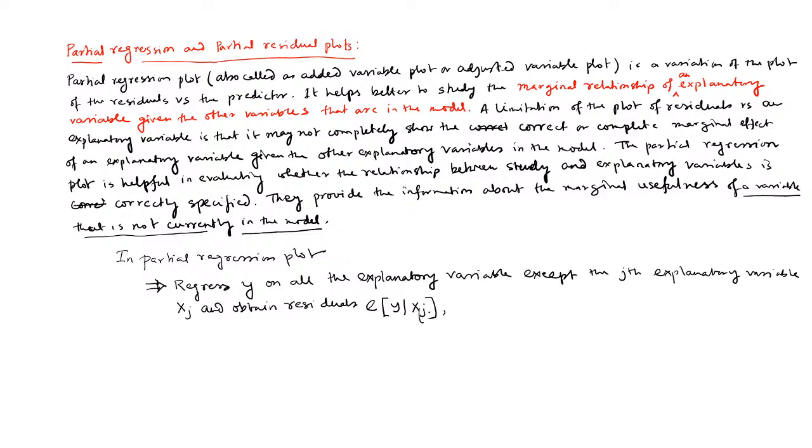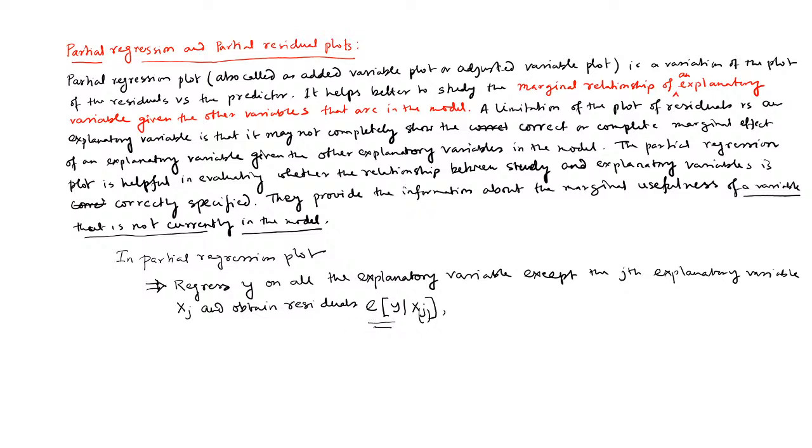I already used this notation x within bracket j. This means you exclude the jth explanatory variable and use the remaining explanatory variables, that is x1, x2, ..., xj minus 1, xj plus 1, ..., xk. Suppose you use k minus 1 explanatory variables; using the least squares technique you can find the regression equation, and using this regression equation you can get these residuals. Okay, so you know this thing.